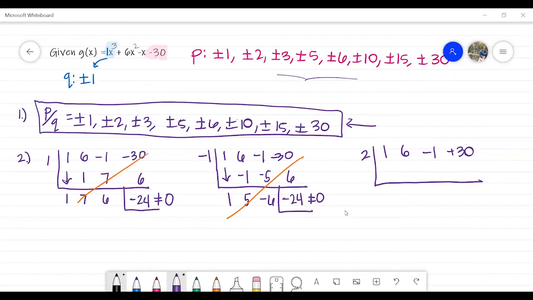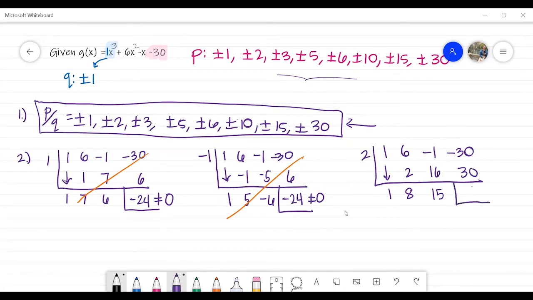Okay, we're good. So I'm going to bring my 1 down. 2 times 1 is 2. 6 plus 2 is 8. 8 times 2 is 16. Minus 1 is 15. And 2 times 15 happens to be 30.